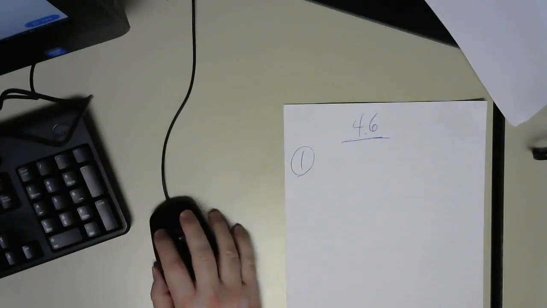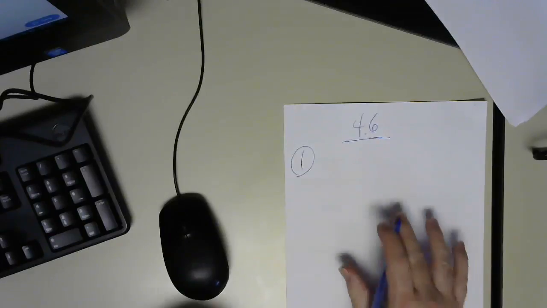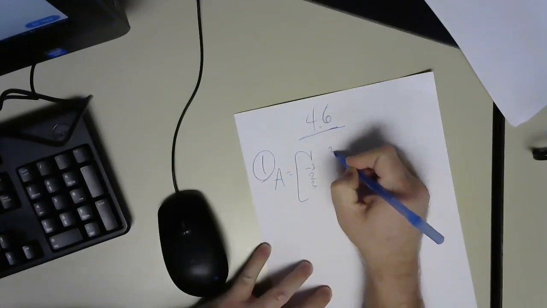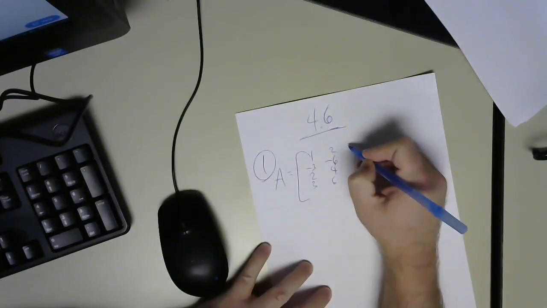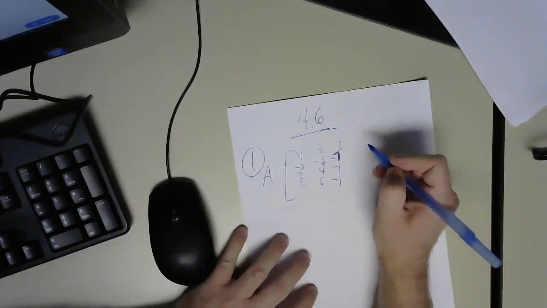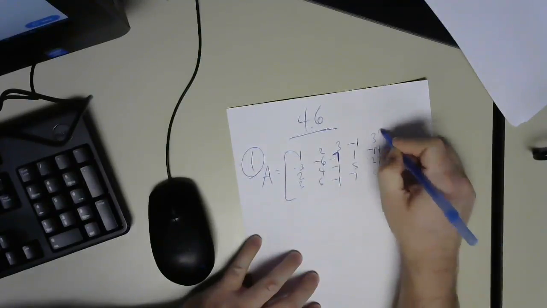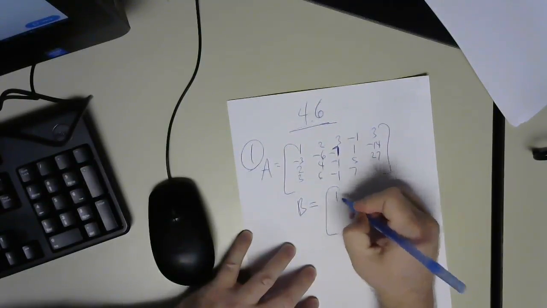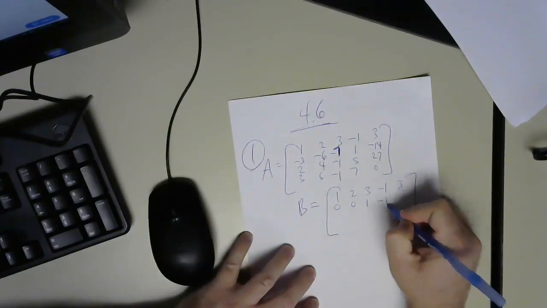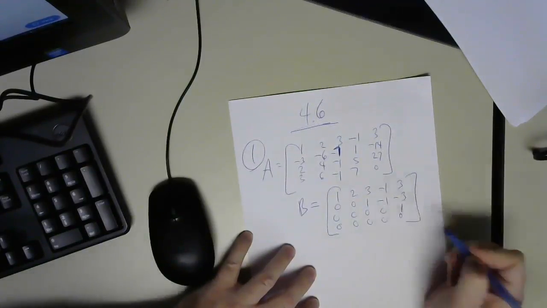All right, number 1 from section 4.6 says assume that the matrix A is row equivalent to B. Okay.